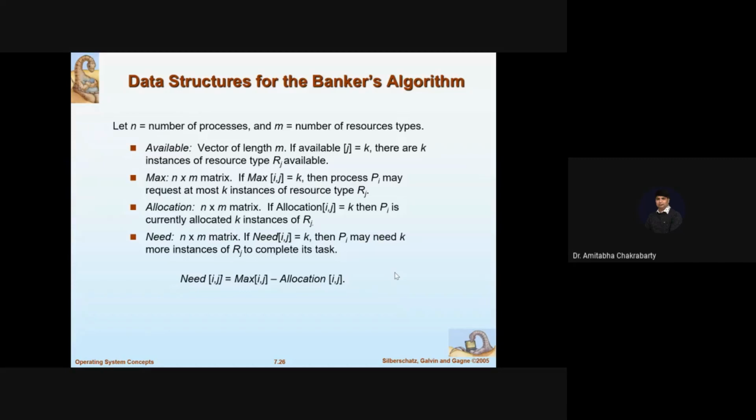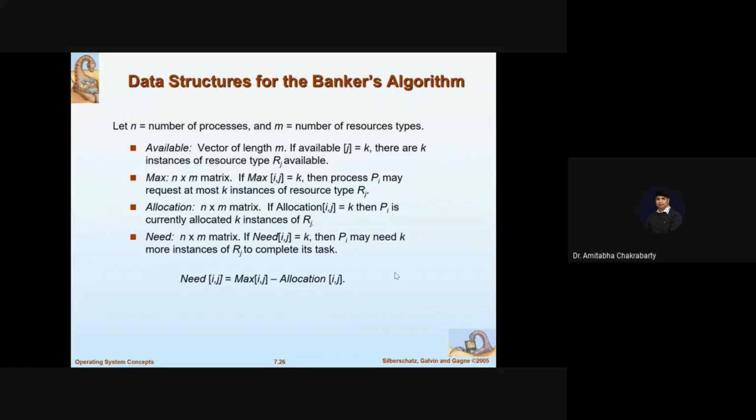So this Max is actually how many instances a particular process can request.